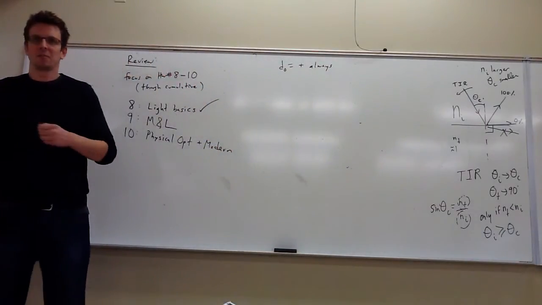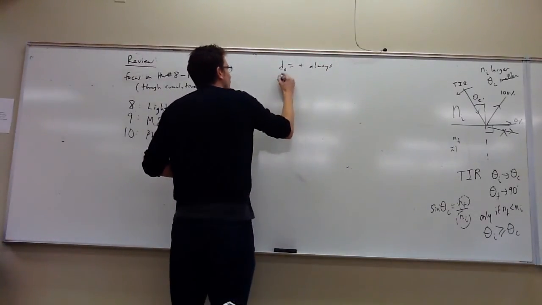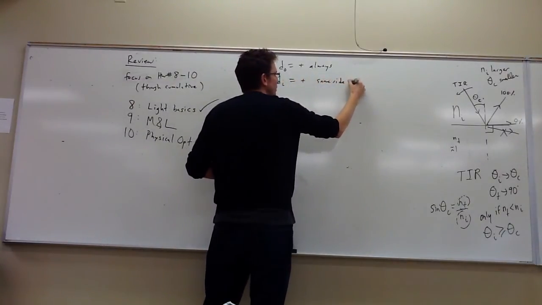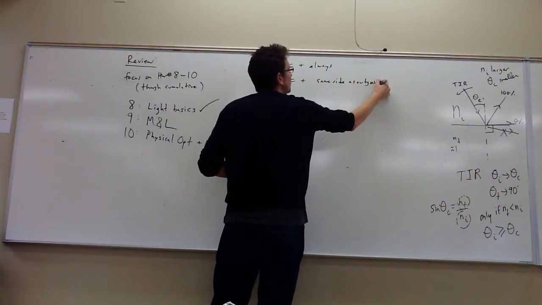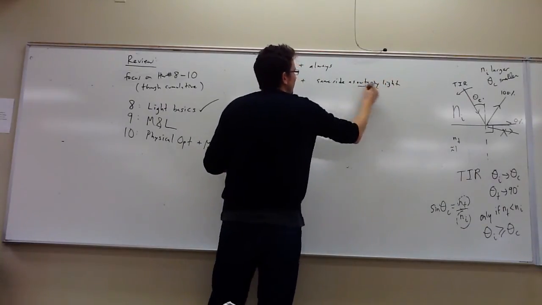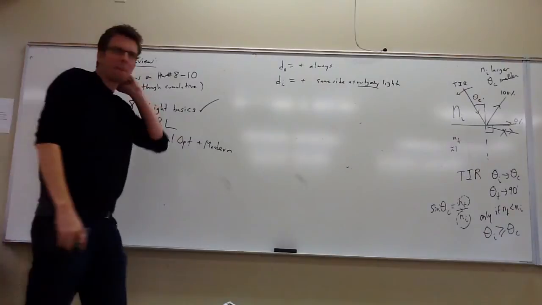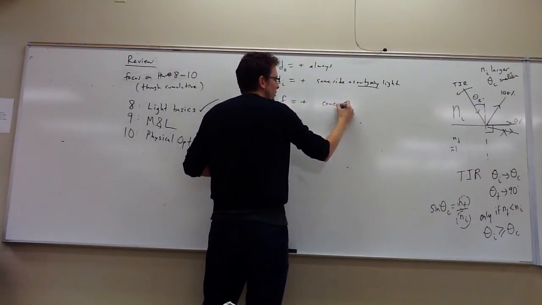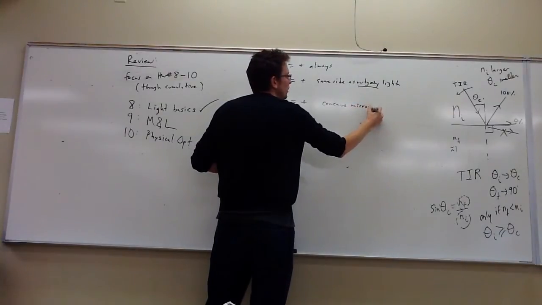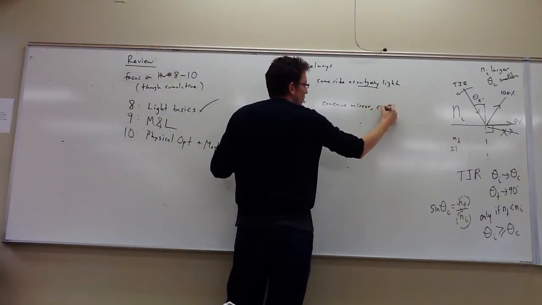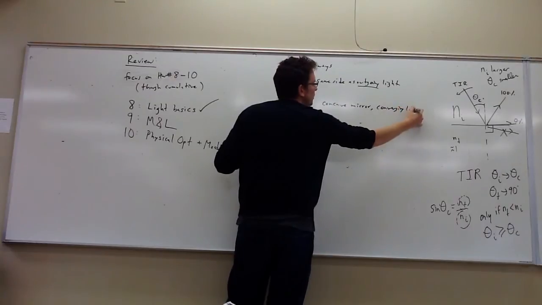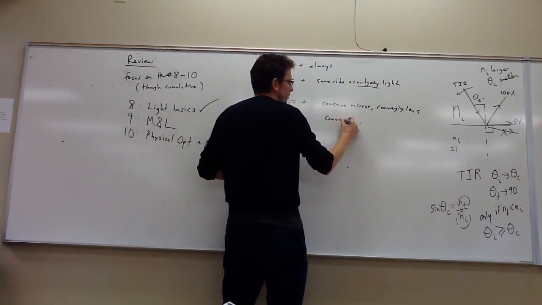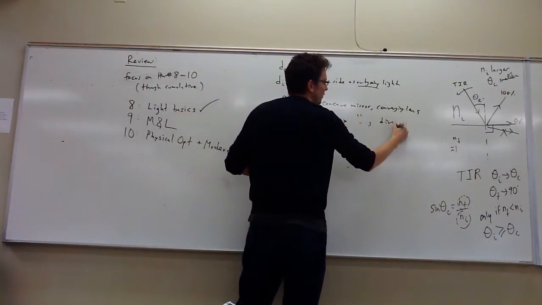It can be negative, but that's beyond the scope of the course. d_i is positive if it's on the same side as the outgoing light. It's tied to the outgoing light. We have that focal length is positive for a concave mirror and a converging lens. And f is always negative for a convex mirror and a diverging lens.